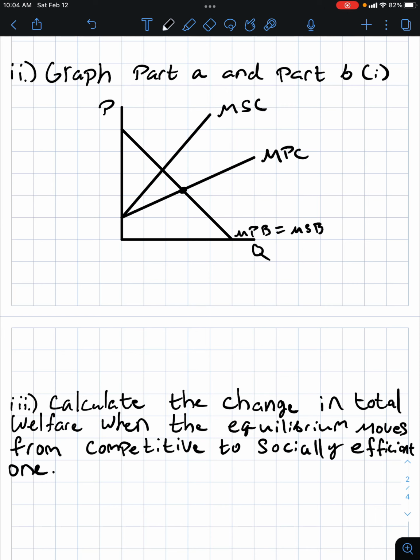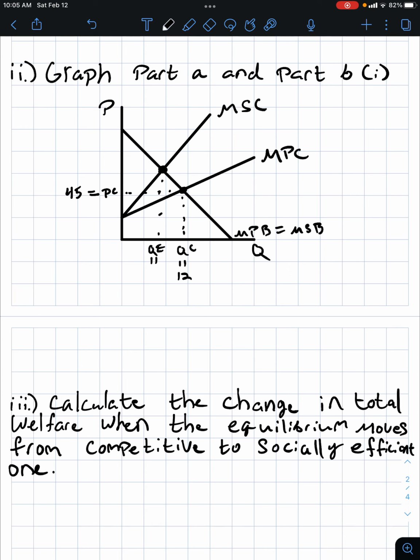And we know that at a competitive equilibrium, the marginal private cost intersects the marginal private benefit. So this point right here is going to be QC, which is equal to 12. And this point right here is going to be PC, which is equal to 45. And this point right here, where marginal social cost intersects marginal social benefit, is our efficient equilibrium.